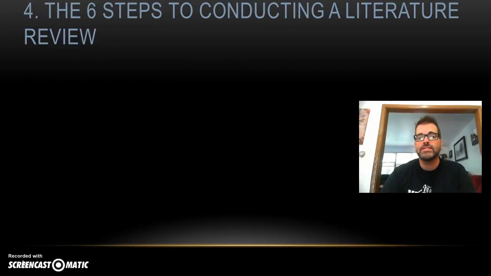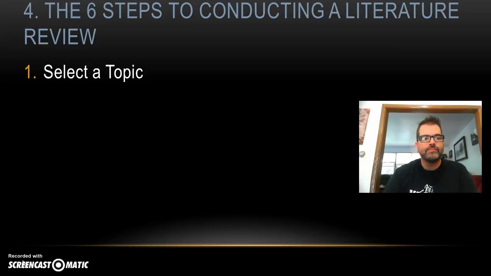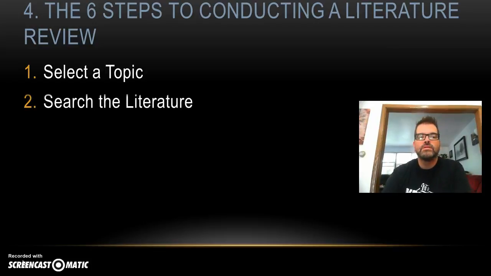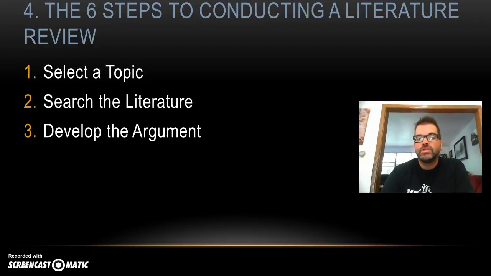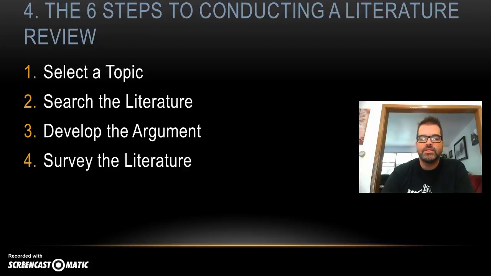So what are the 6 steps to conducting a literature review? Regardless of whether you're doing an advanced literature review or a basic literature review, you'll need to select a topic. Then you'll have to search the literature, develop the argument based out of the literature.